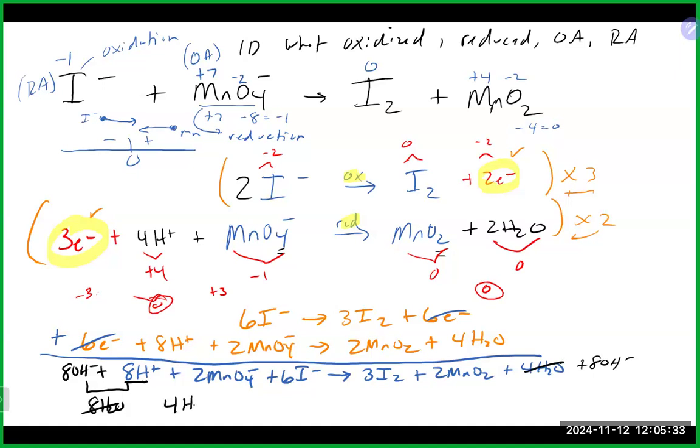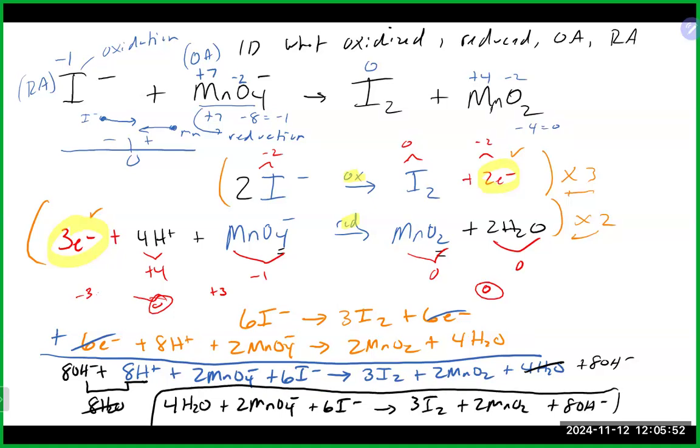So 4 waters plus 2 MnO4 minus plus 6 I minus goes to 3 I2 plus 2 MnO2 and 8 OH minuses on that side.